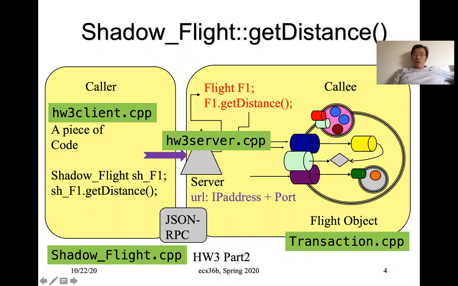Then it returns back to the server, then back to the shadow, and finally the result returns to HW3 client.cpp. If you go through the code line by line, this will help you really understand what's going on, not just conceptually, but how the program really works together.